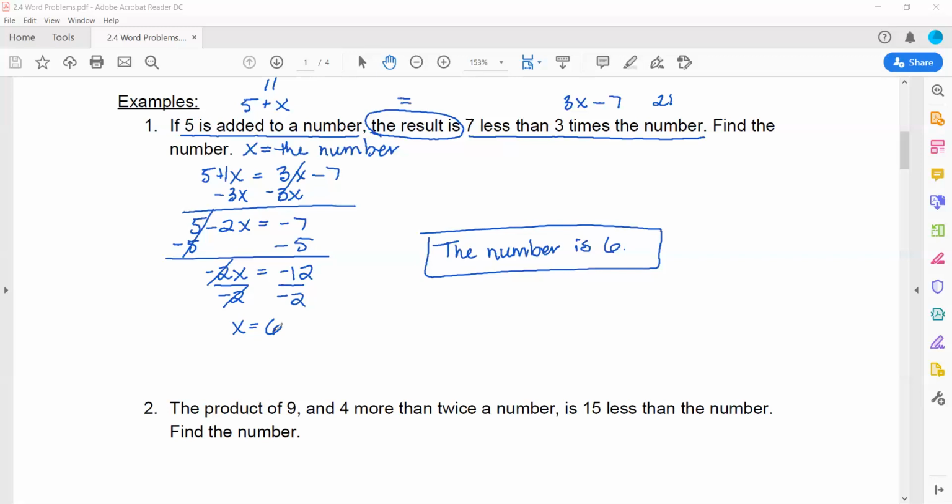Okay, sorry, our number is 6, so 3 times the number is actually 18. And then 7 less than 18 is 11. So this one's good. All right, sorry about that. I messed up our number there, but we still got the right answer.